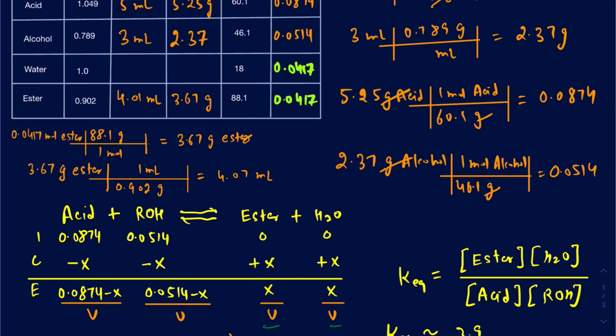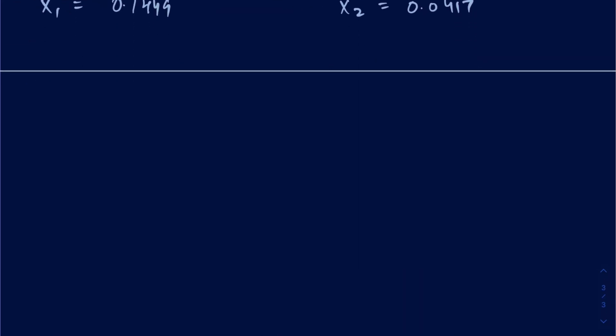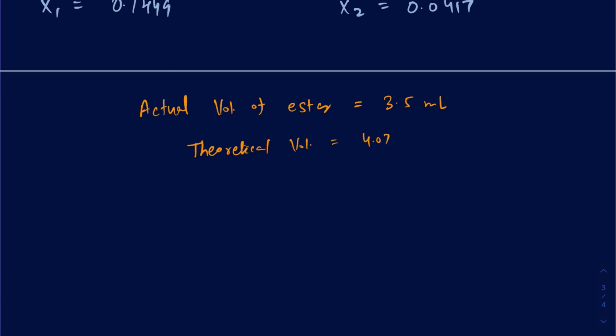Now, let's say you do the lab and everything, and the actual ester that you retrieve might be like 3.5 milliliters. So let's say the actual volume of the ester after you distill it and everything is 3.5 milliliters. Then your theoretical volume is supposed to be 4.07 milliliters.